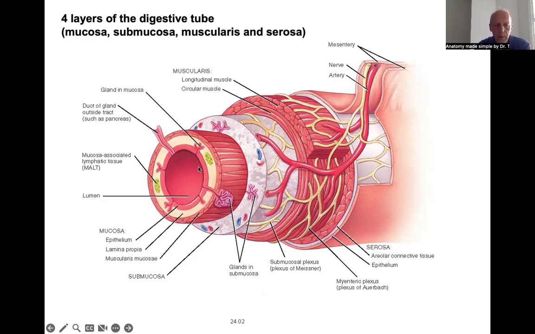Through the lamina propria, you can see here some secretory ducts of minor glands associated with the mucosa or submucosa. However, there is something else that deserves our attention. It is, as indicated here, the green colored structure named mucosa-associated lymphatic tissue. In short, we call it MALT, M-A-L-T.